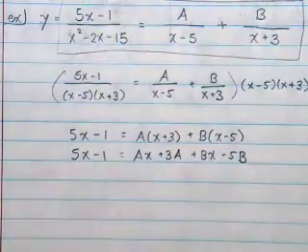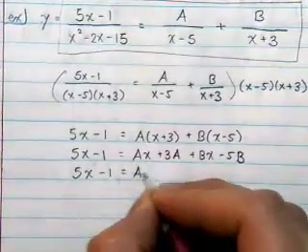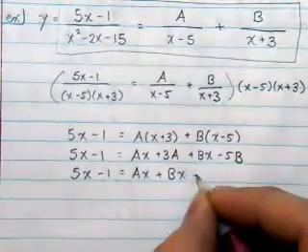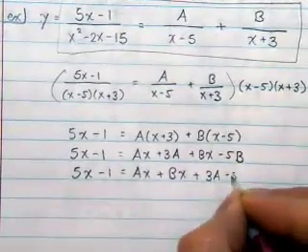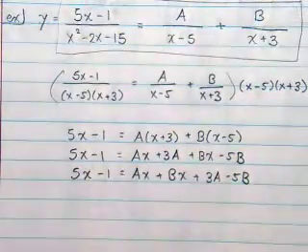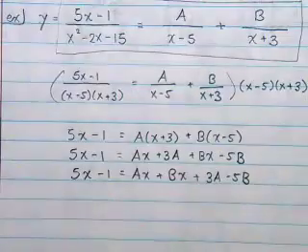And then I'm going to do a little rearranging. Okay. And basically what I've done here is I've broken it into some different groups: things involving x and things not involving x. Okay? And I have some equations from that.